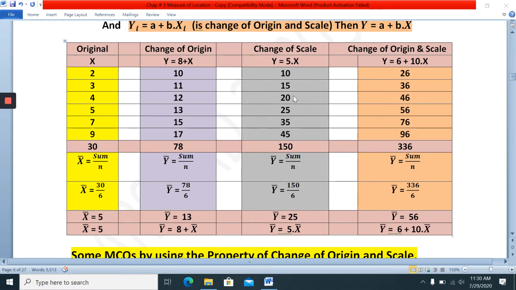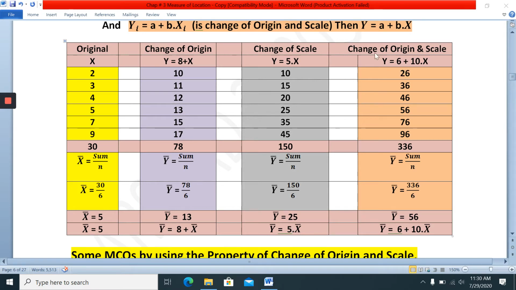So the mean is confirmed from the numbers. And according to the property of change of scale, y bar is equal to 5 times x bar. When you multiply 5 with x, then the same number, if you multiply with x bar, you will get y bar. So x bar is 5. So 5 times 5 is 25. This is according to the property.